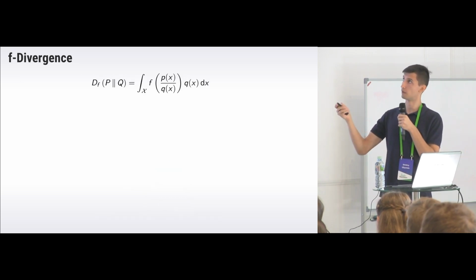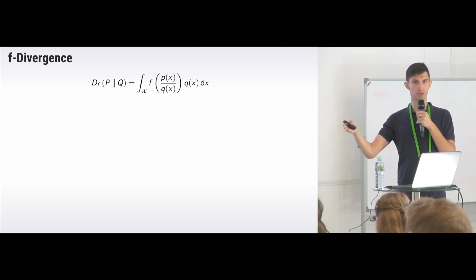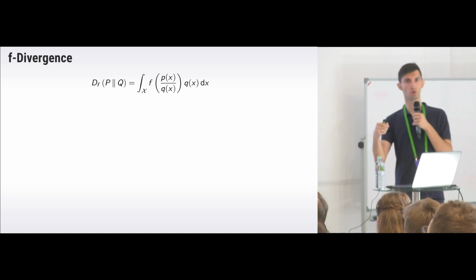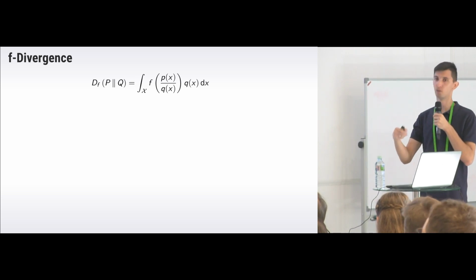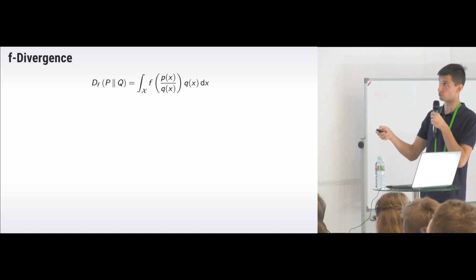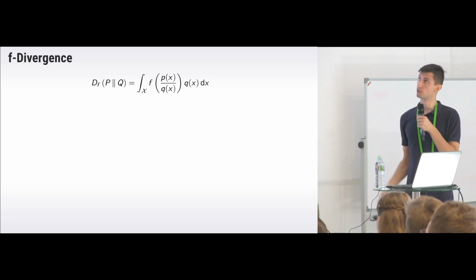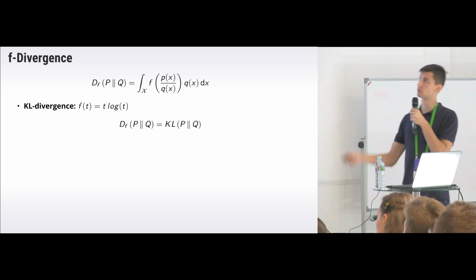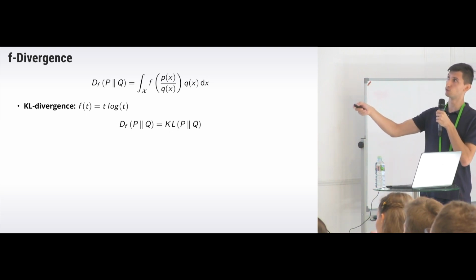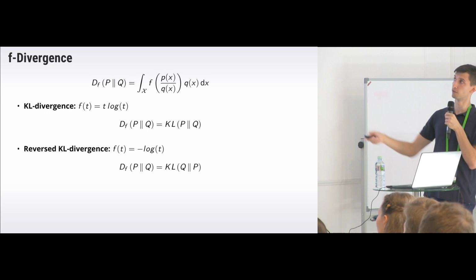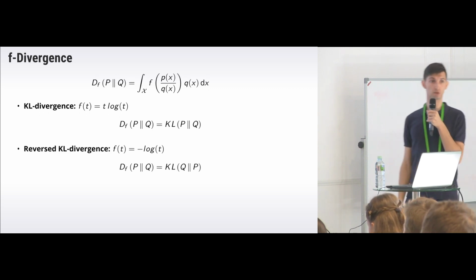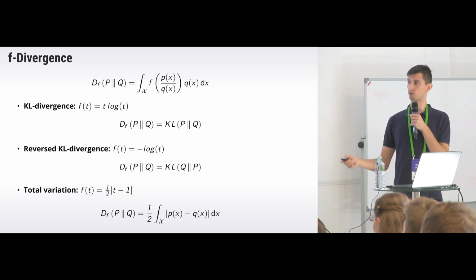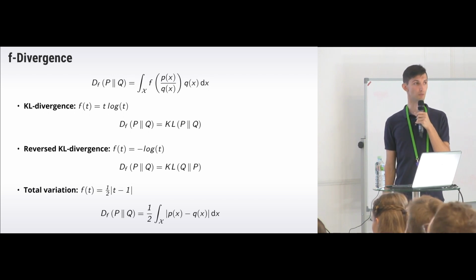The dual formulation, as we will see, will not require us to compute density; it only requires us to sample from distributions P of x and Q of x. Just a little bit of special cases. This is f-divergence: if you use f of t equals t log t, you get KL divergence. If you use minus log t, you get a reversed KL divergence. If you use f of t like that, it will be a total variation metric.